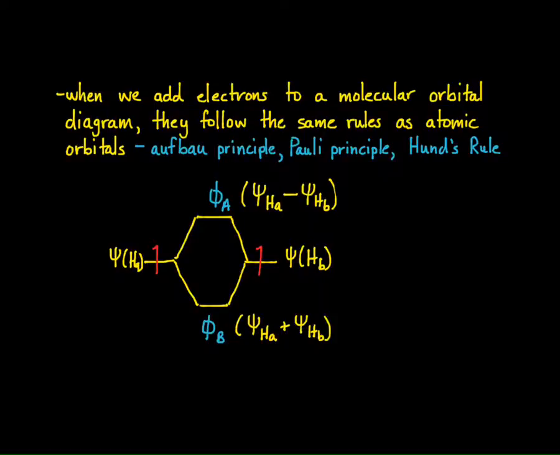When they come together, now what happens? Well, again, now we're looking at molecular orbitals, phi bonding, phi antibonding. The phi bonding is lower in energy, and so I'm going to add an electron to that phi bonding, and since it's a bonding orbital, it can take on two electrons. So I take one electron from HA, I take the other electron, which has the opposite spin, from HB, and both electrons go into that new bonding molecular orbital. Notice no electrons, because we have none left, go into the antibonding orbital.